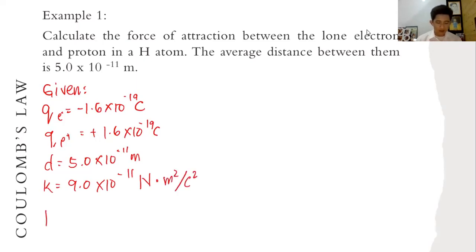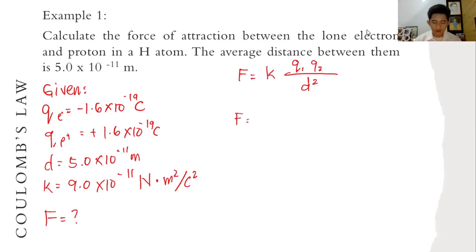We have to identify the force of attraction between the two charged particles. So we have F is equal to K Q1 Q2 divided by d squared.